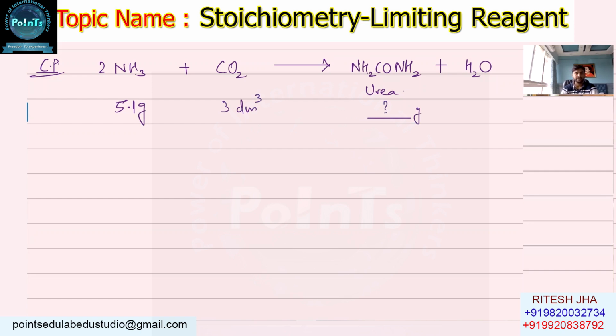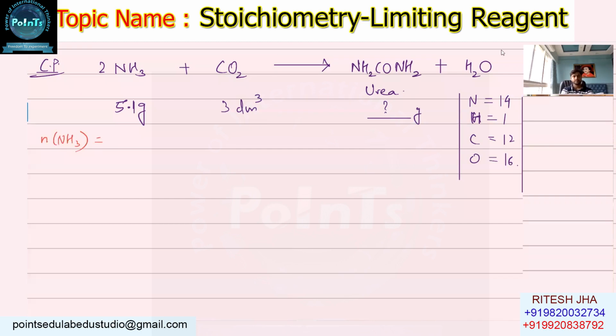First you determine what is the limiting reactant, and then determine how many grams of this one. What you are given further is the atomic masses. Nitrogen is 14, hydrogen is 1, carbon is 12, and oxygen is 16. So these are the atomic masses. I'm giving you 5 minutes to solve this.